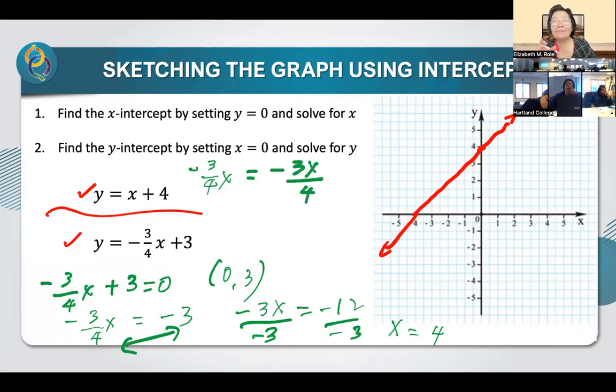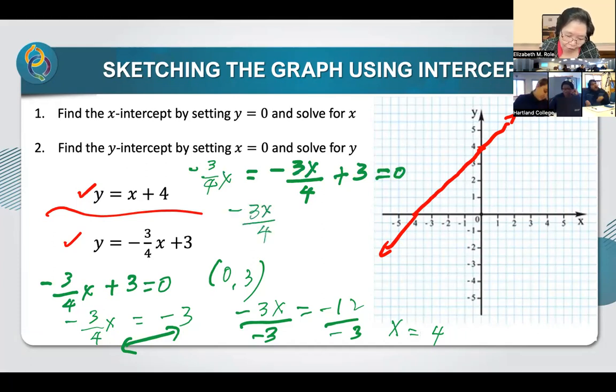So the 3x can be with the 3, and minus 3/4 is the coefficient. So that's actually minus 3x over 4 plus 3 is equal to 0. It's always good to have the x isolated on the left side and transfer the constant to the other side. So that's why we say minus 3x over 4 is equal to minus 3.